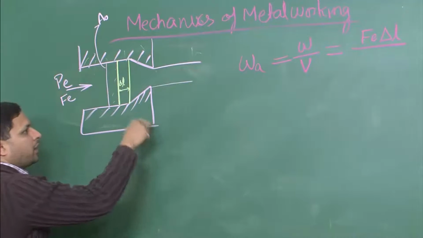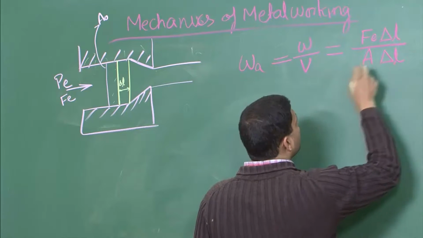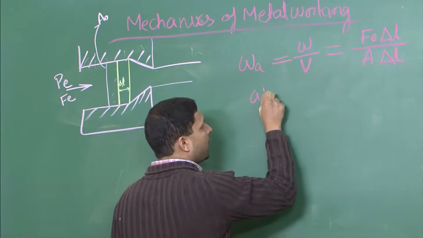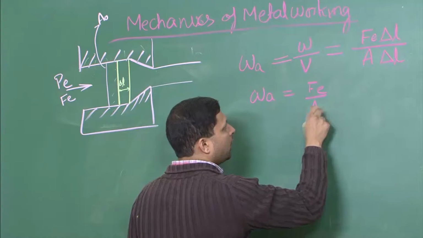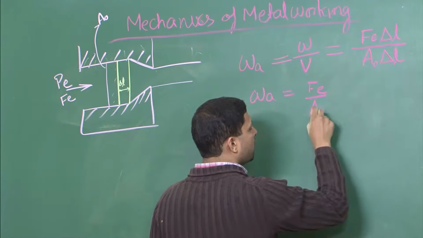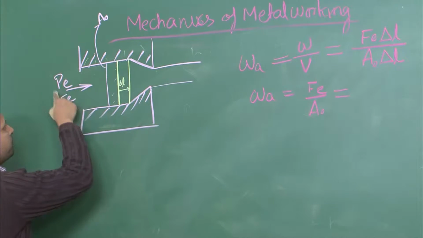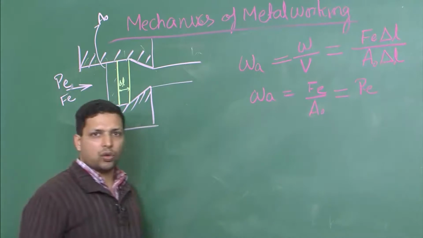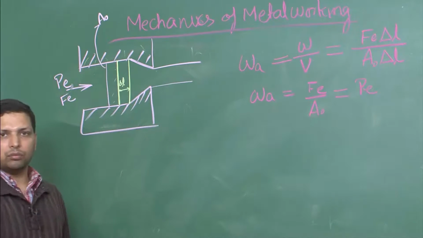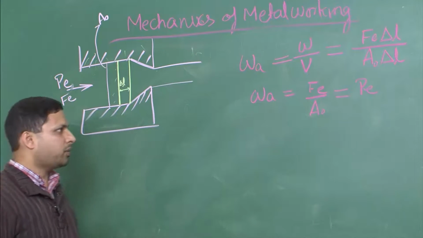So, A times delta L, or work actual is nothing but Fe by A. Actually, this is A naught, and Fe by A naught is, we said, PE, the P extrusion. So, the actual work per unit volume is equal to the actual pressure that is being applied.